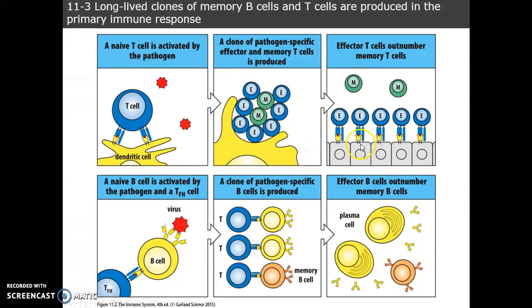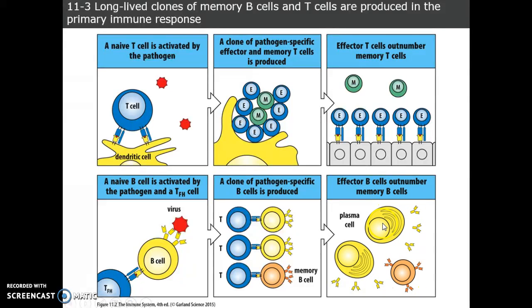The same goes for the B cells: effector cells activate and cause differentiation of the B cells, and effector B cells outnumber memory cells.